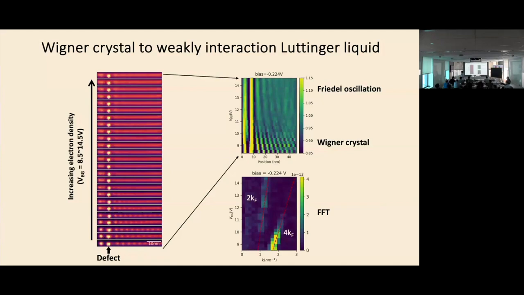If we do a Fourier transform, what we can see is at low density, the Wigner crystal, in a spin-half system, has an oscillation period of 4kF. When the density is very high, it's like a weakly interacting Luttinger liquid and you have only the 2kF oscillation. In the intermediate region, where you see strong 2kF and 4kF components, is where the dimerization behavior is the strongest.